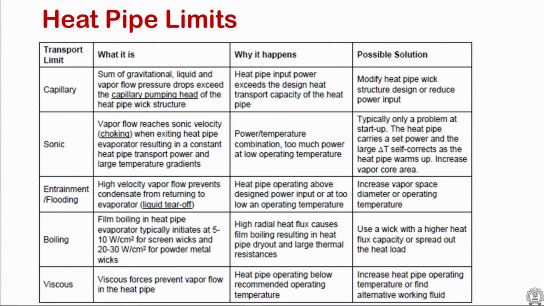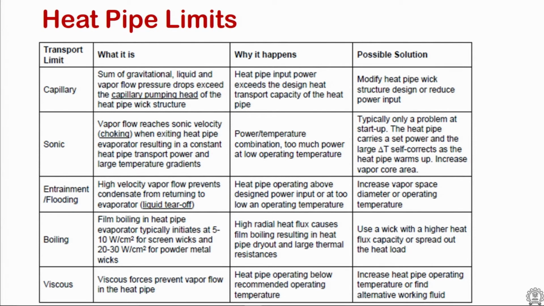In a sonic limit, the vapor flow is at such a high speed that it has choked. Essentially, the Mach number has become 1. So, that is the sonic limit. Because the vapor and liquid are traveling in a counterflow direction, if the vapor is at very high speed, it can entrain some of the condensed liquid that is flowing in the wick.